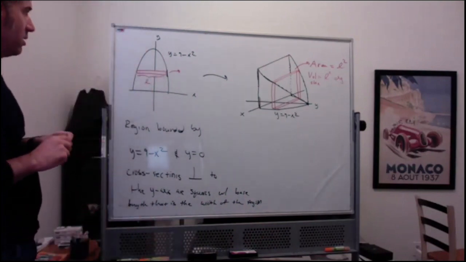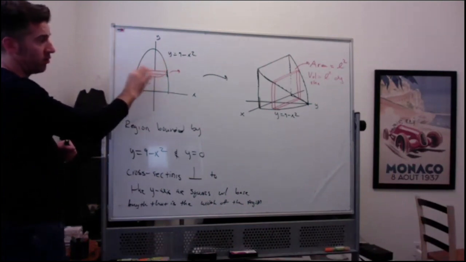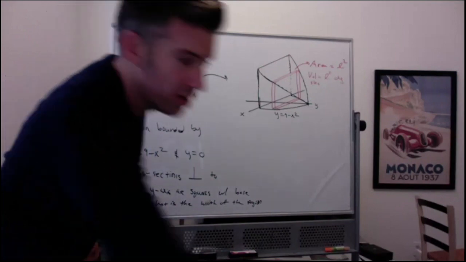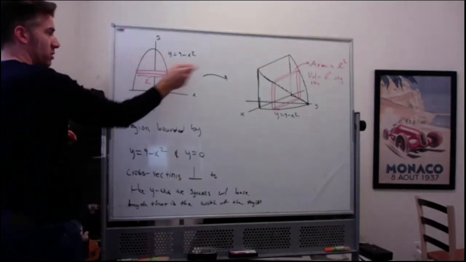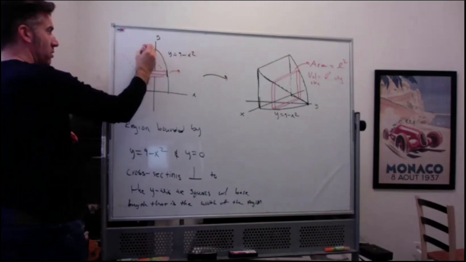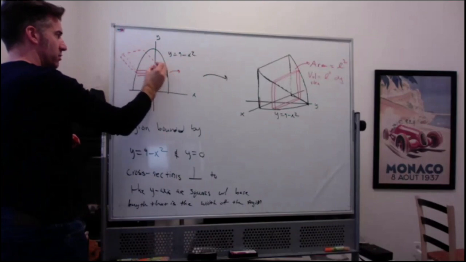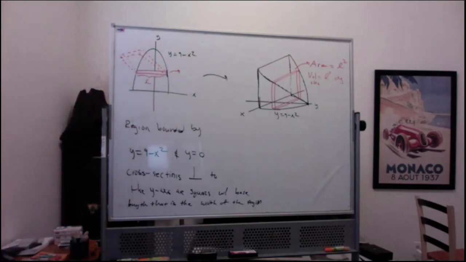So the idea is you're taking this length, right? Here's my cross section. I'm not drawing it here, although I could. We're imagining a square coming out of this. Think of it as some volume.